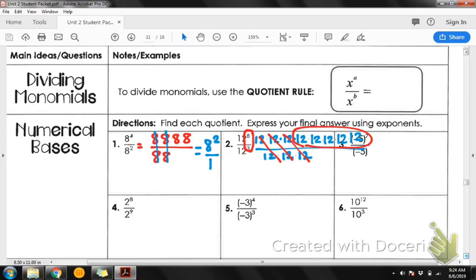So when you have a division problem, you're really subtracting your exponents. So up here where it says x to the a over x to the b, you find your answer by doing x to the a minus b. And maybe right above this, you can say subtract the exponents.